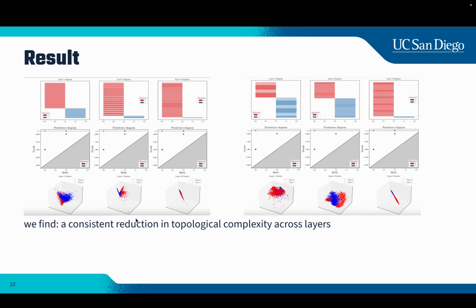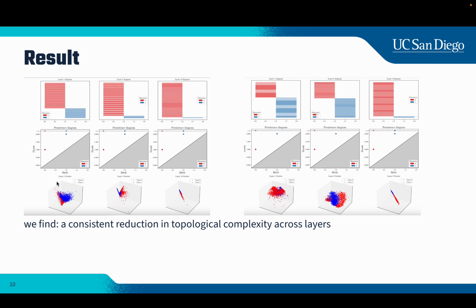So here is our result. Of these two pictures, the left is from our MLP and the right is from the CNN. We can see that at the very first stage of both neural networks, there are a lot of red bars and blue bars, which represent the connected components and loop structures in the high dimensional space.